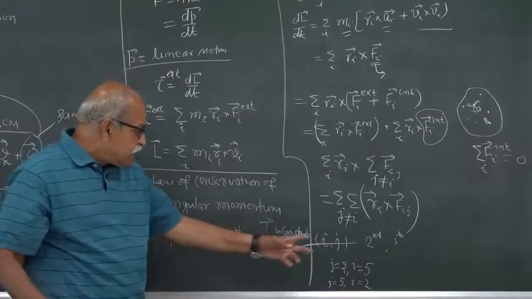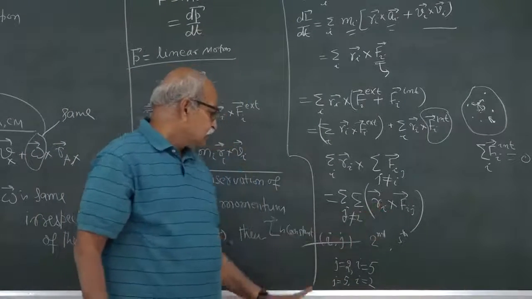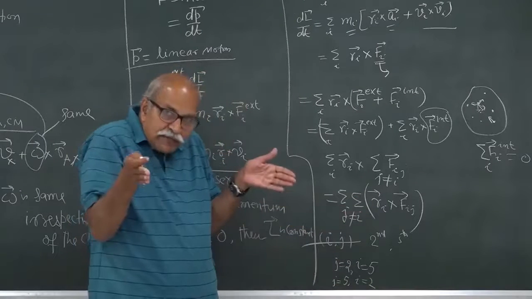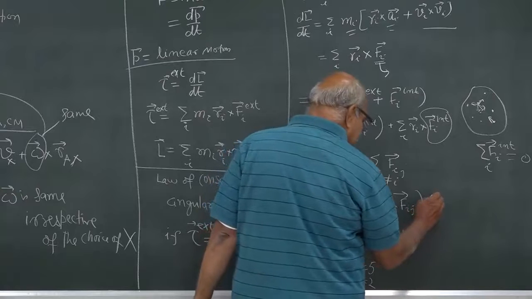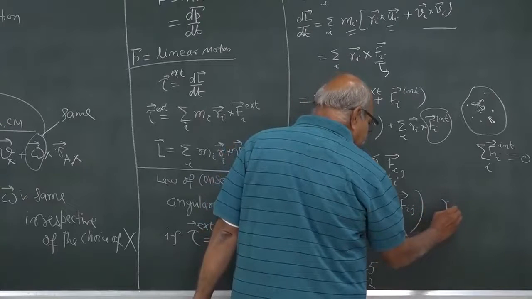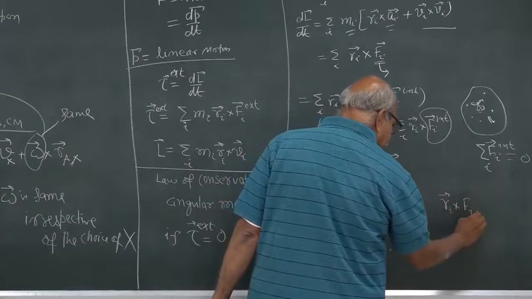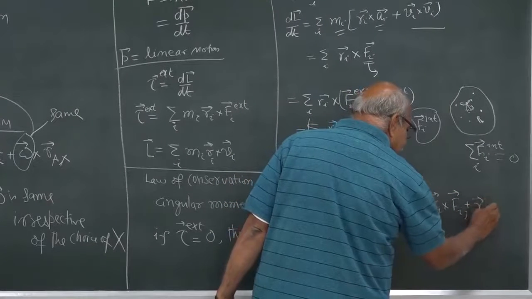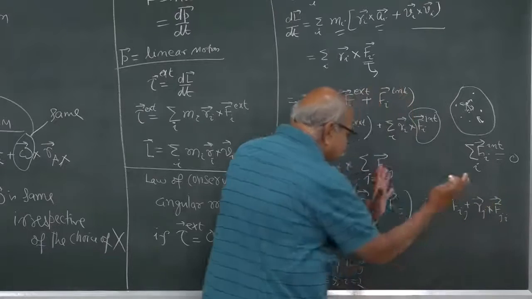These two terms I am clubbing together. What will happen? This will be Ri cross Fij plus Rj cross Fji. This is the kind of pair.